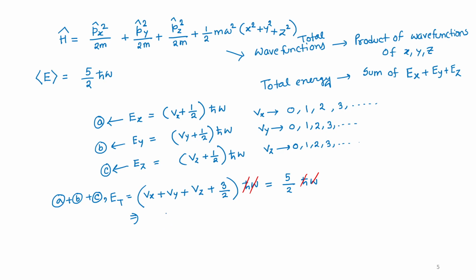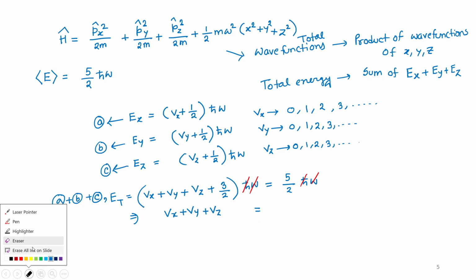What we are left with is Vx plus Vy plus Vz plus 3 by 2 equal to 5 by 2, or we can also take 3 by 2 to this side as a negative, and we will be left with 1, right?